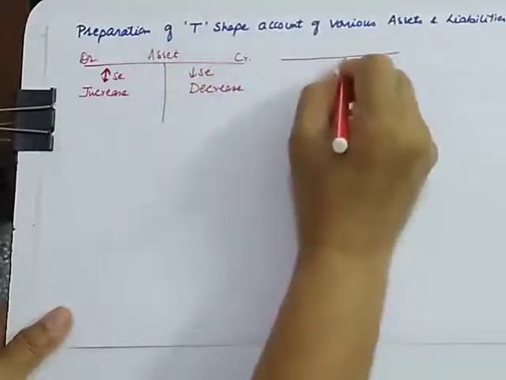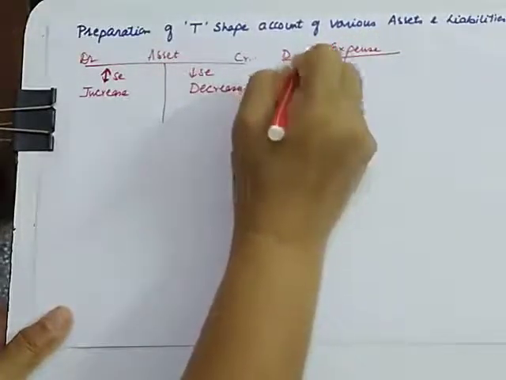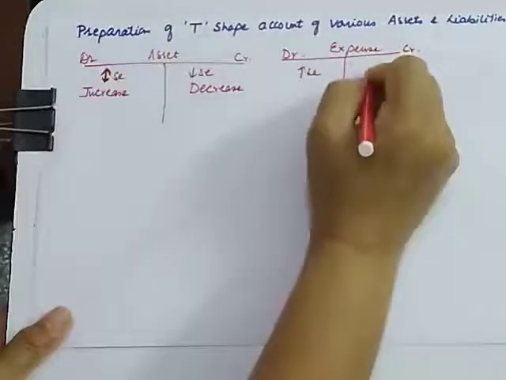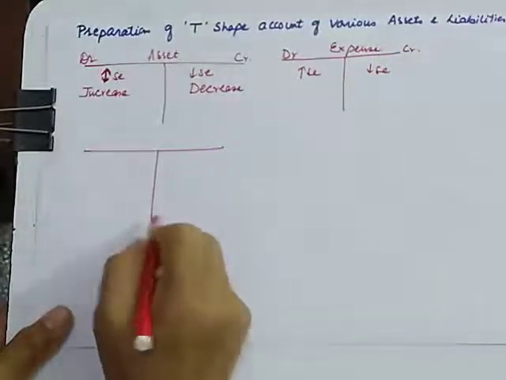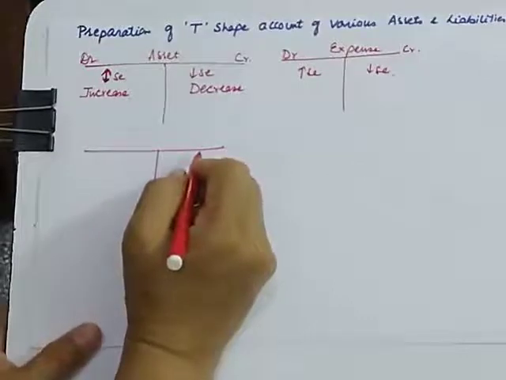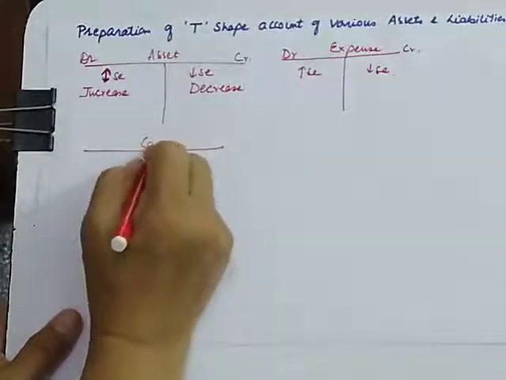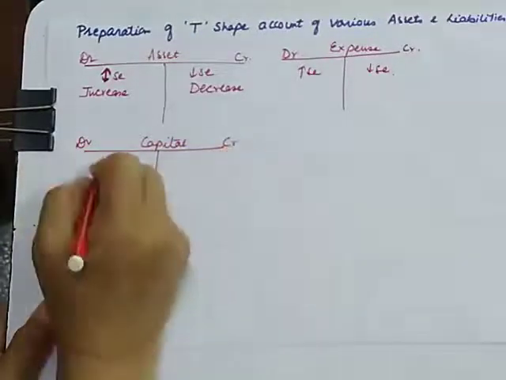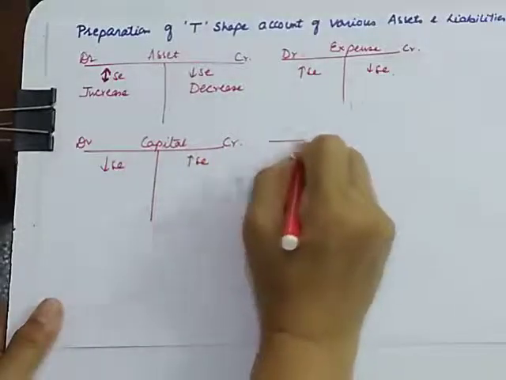Likewise, if you make an expense account, again in T format, debit and credit, this side is the increase side and this side is the decrease side. For the purpose of the modern approach, we classified all assets and liabilities into five parts. So this is assets, expense, and then capital, which is our internal liability: debit, credit, this side is the decrease side while this side is the increase side.